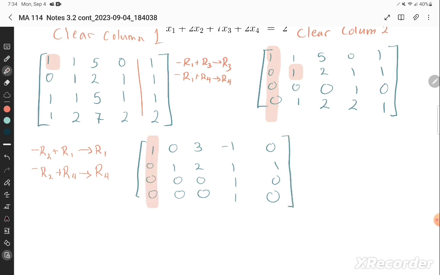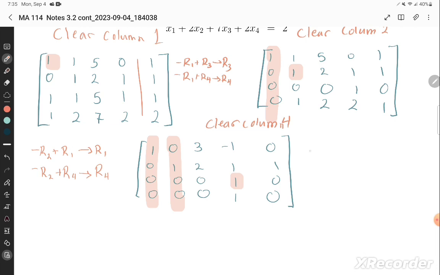So this column's good, this column's good. Now my next leading entry is here. You can probably already see what's going to happen because the last two rows are the same, but I'm still going to continue anyways. We're going to clear column 4 now.